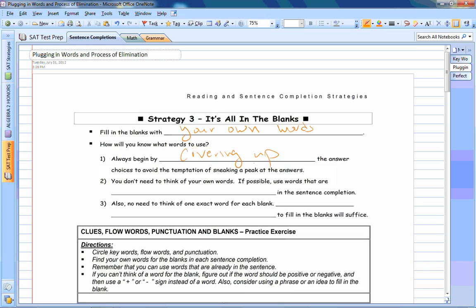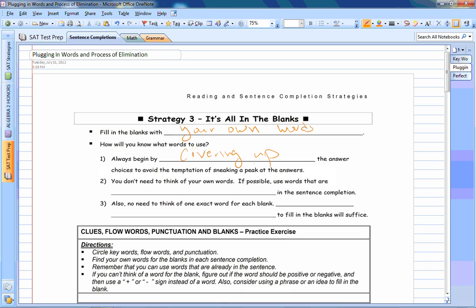So it's probably better to think of your own words, so that when you remove your hand and look at the words and see a word that's exactly what you're looking for or close to it, that gives you a lot of confidence in your answer. Confidence boosting is very helpful, especially in the beginning of the reading section, since sentence completions are at the beginning of any SAT reading section.